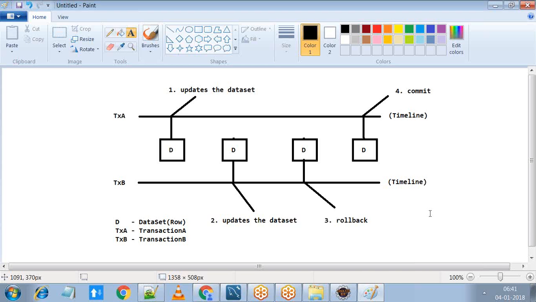So even the changes done by transaction A will be undone. The updates done by transaction A also will be undone. That means we lose the update done by transaction A. That is the problem here.